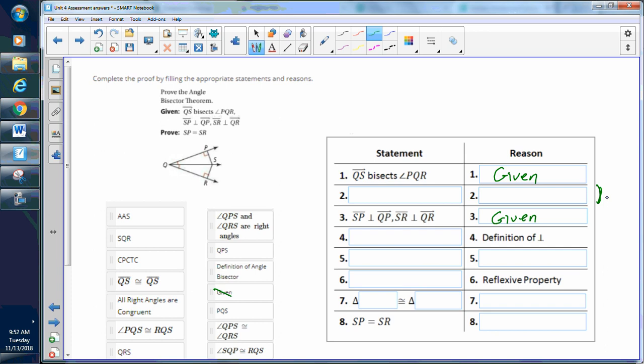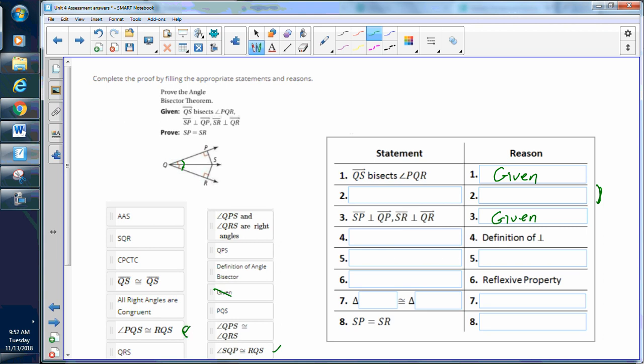And statement 1 says that QS bisects PQR. So QS takes PQR and separates it into 2 equal pieces. These 2 pieces. So we'll look for those 2 angles. We have angle PQS and angle RQS. And we have angle SQP and RQS. Now, those are both ways to name them.